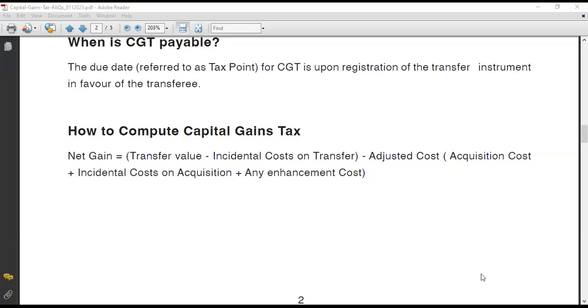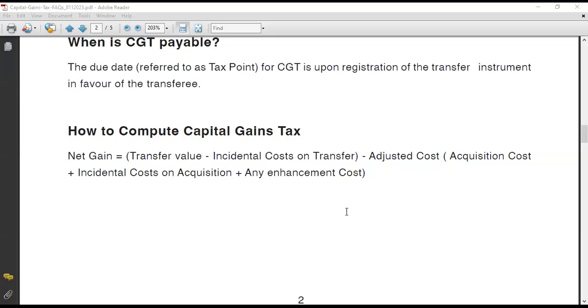So adjusted cost is acquisition cost. What was the acquisition cost? 100 million. What was the incidental cost on acquisition? We have done the 17 million at the beginning. Incidental cost on acquisition, it's 3 million, the legal fees, because they paid the lawyer when they were acquiring.